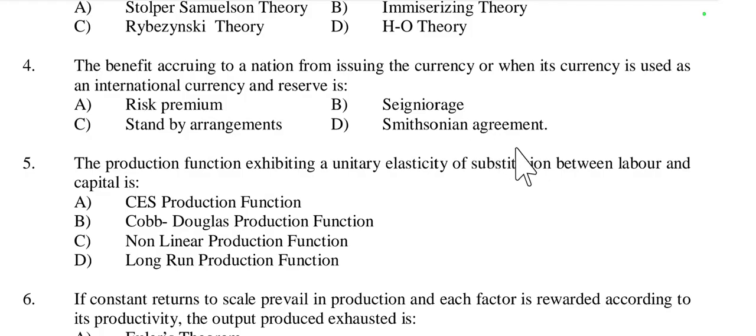It is called seigniorage. Seigniorage refers to the profit a country makes from issuing its own currency, especially when its currency is used internationally or held as a reserve currency. So it is the difference between the value of the money and the cost to produce and distribute it. So it is called seigniorage. Option B is right here.